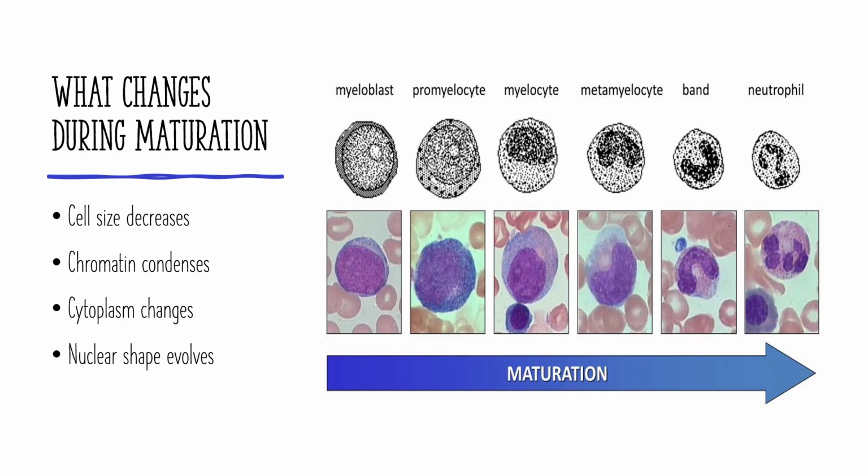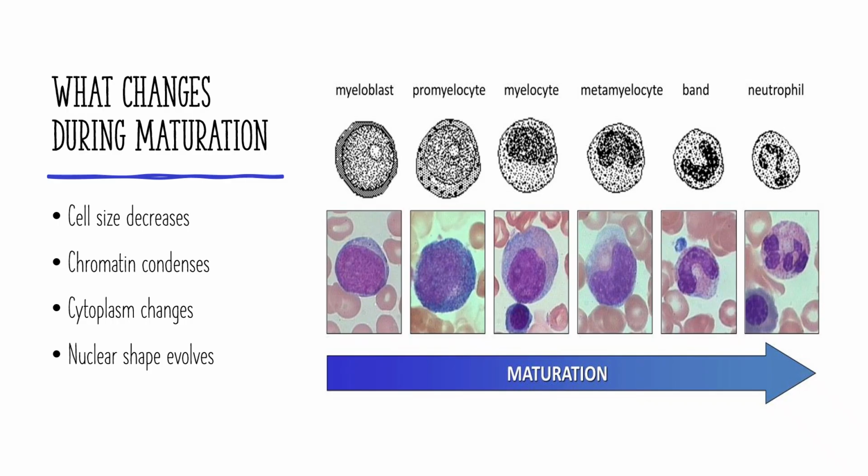As cells specialize, they stop dividing and become more efficient, meaning smaller. Second, chromatin condenses. Early cells have open, loose chromatin because genes are actively being transcribed. As maturation progresses, chromatin becomes darker and more clumped. Function becomes specialized rather than flexible.